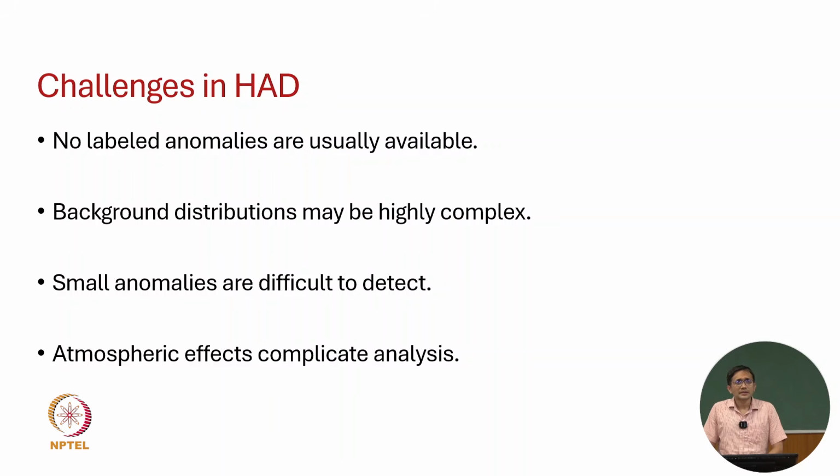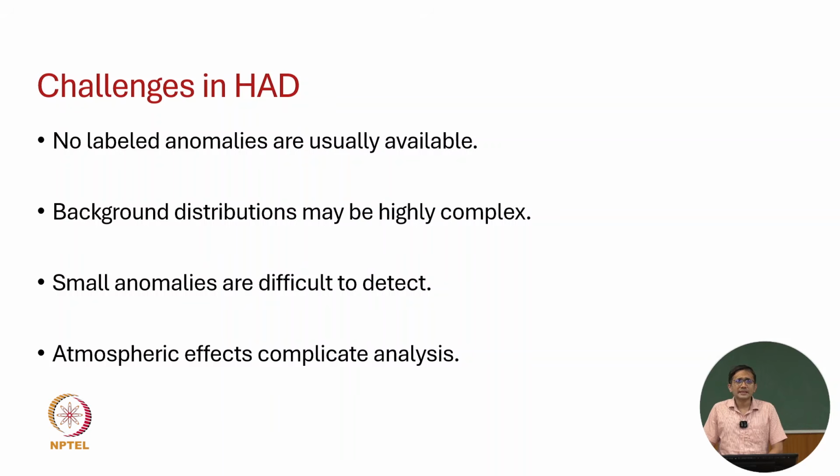However, it often happens that the background distribution itself can be highly complex, especially if you think about complex urban areas. In that case, just understanding the difference from the background distribution is not that easy, in the sense that we have to first model the background distribution, which itself is complex.